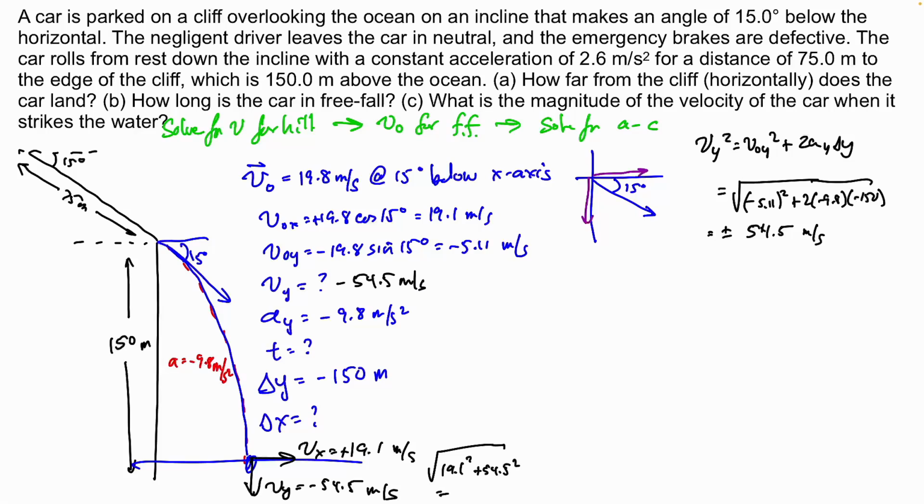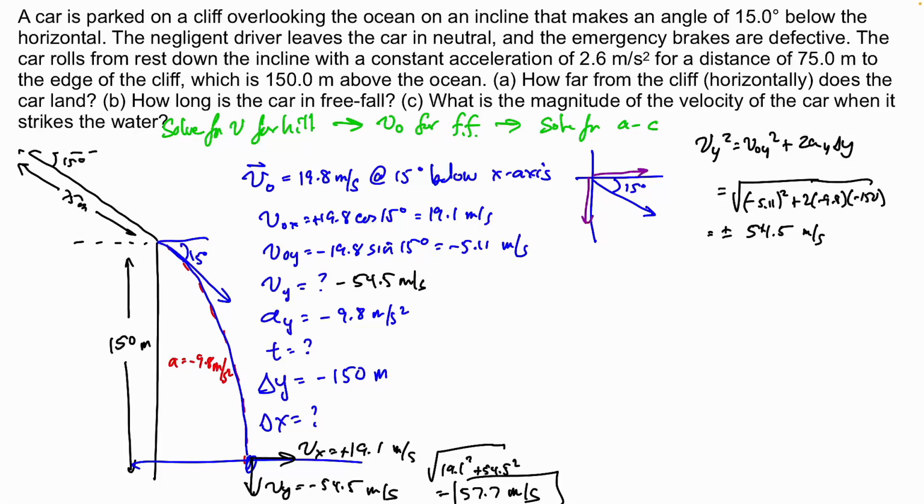Where'd the minus sign go? Yeah, I got the square root, 57.7. That's the magnitude of the velocity, which is what they asked for. Magnitude means number, right? Just the strength. I don't care about the angle. So that's how fast it's going when it strikes the water. We did part C. Hooray for us.